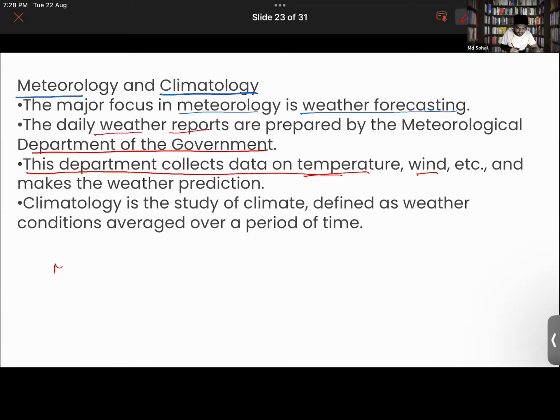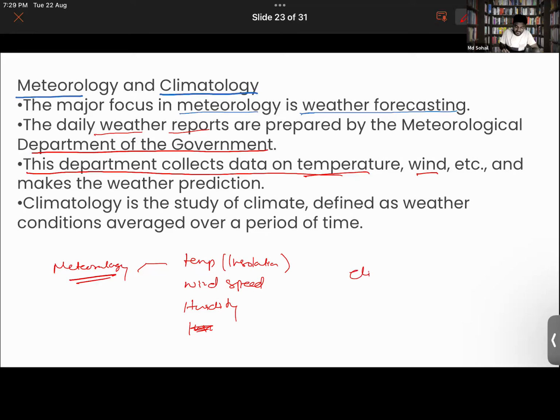Yes, the meteorology department's main concern is to collect data on temperature, wind, humidity, insolation, wind speed, etc. These are the data collected by meteorology.